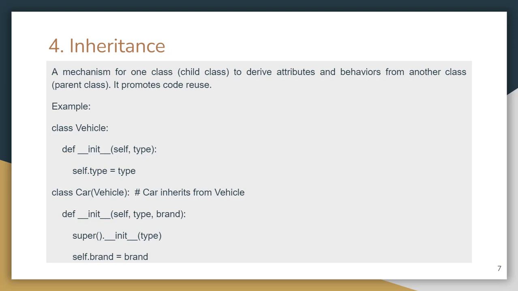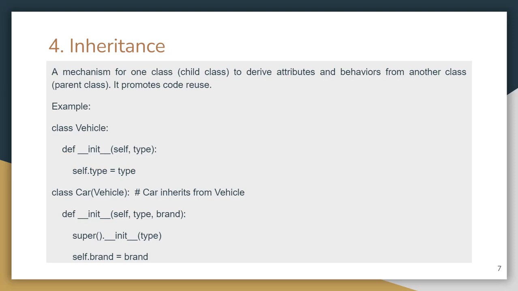So here, class Vehicle is a class, with def __init__(self, type). This is an initialization function, and here we define type, a class member variable, during creation of the object. The next class is Car.